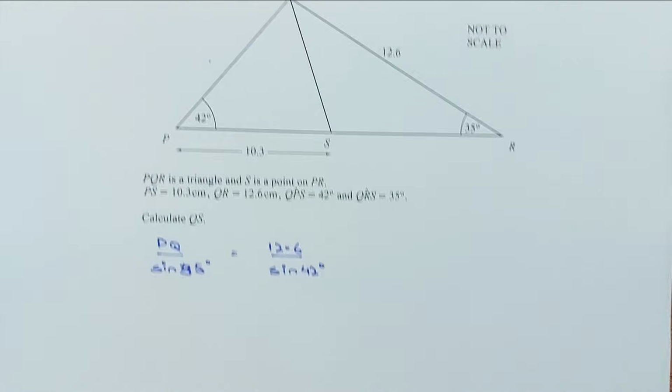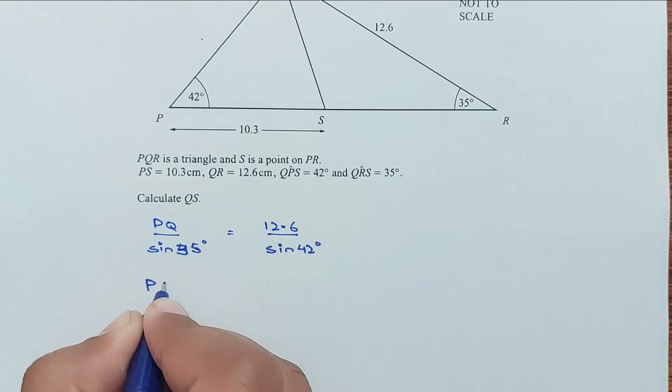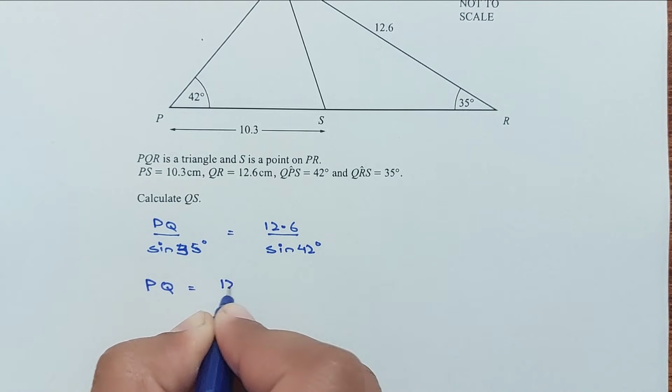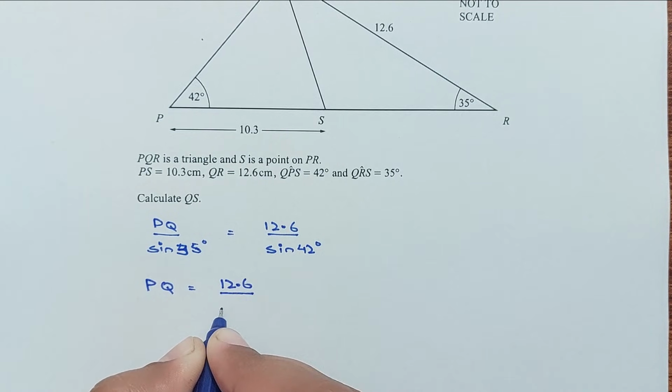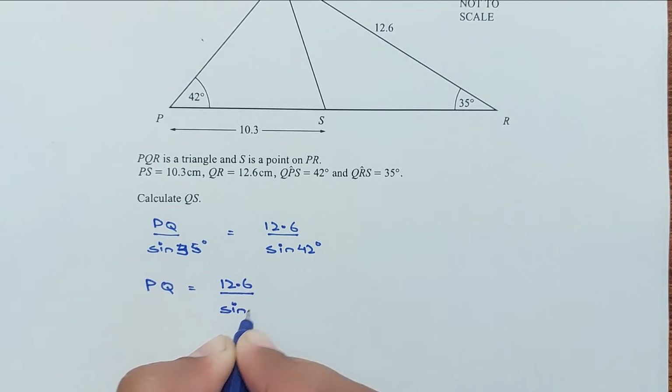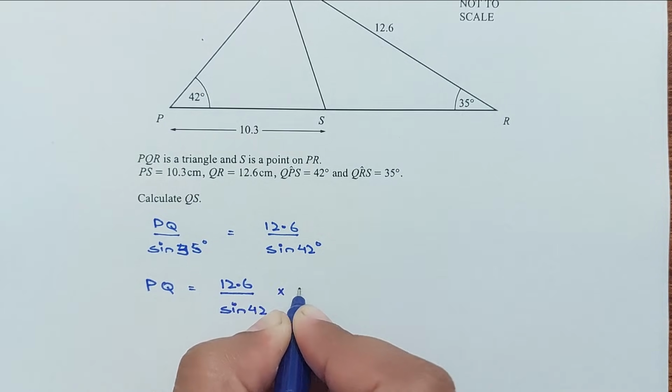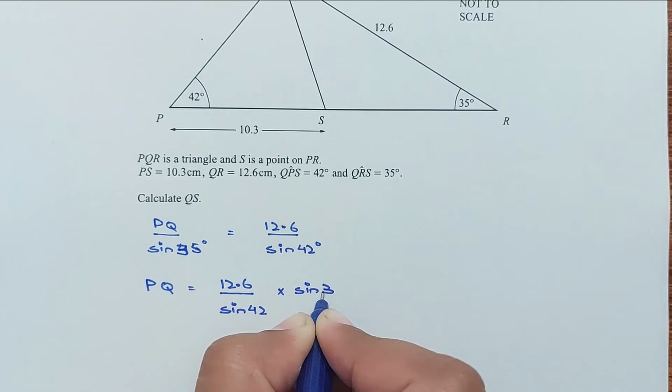Let me solve for PQ. So PQ would be 12.6 over sine 42 times sine 35.